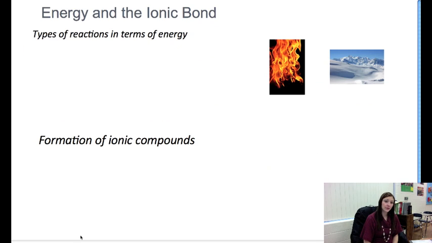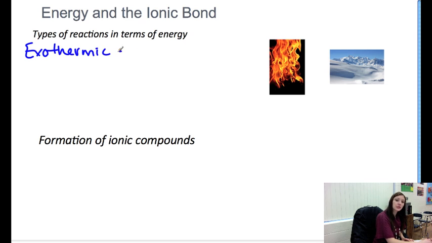Now we're going to look at how energy is related to the ionic bond. There are types of reactions in terms of energy, and you should have heard these before. We have one called exothermic, which is where energy is released. These are the reactions that are going to feel warm.